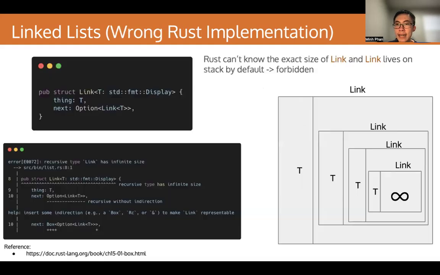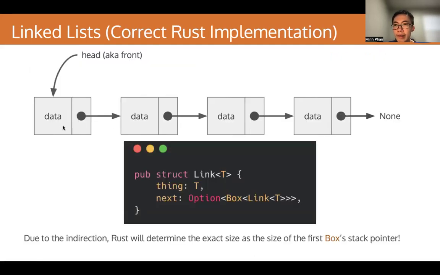That means that instead of, as earlier, a Link storing other links indefinitely, here on the stack we only have a singular Link. Every other Link will live on the heap, and they will be separated by a pointer that is a Box. So on the stack, we just have the data, and then a singular pointer that is a Box.